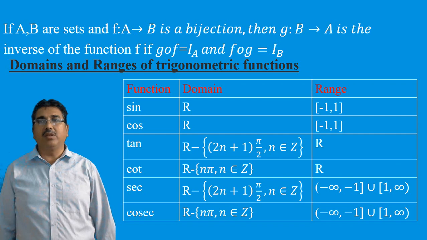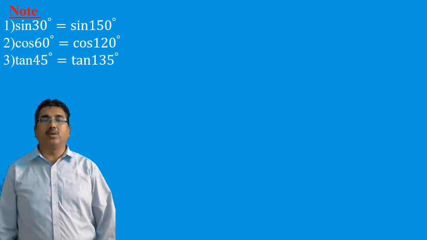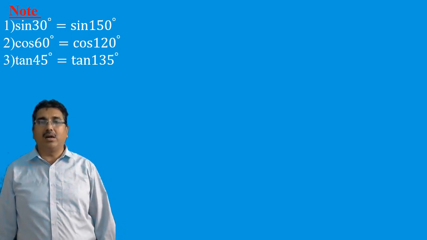Observe that sin 60 degrees is equal to sin 120 degrees, and cos 60 degrees is equal to cos 120 degrees. Also, consider the periodic nature of trigonometric functions.